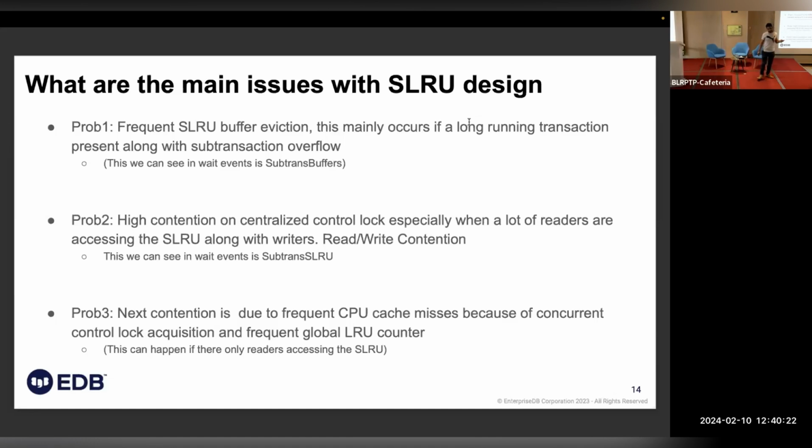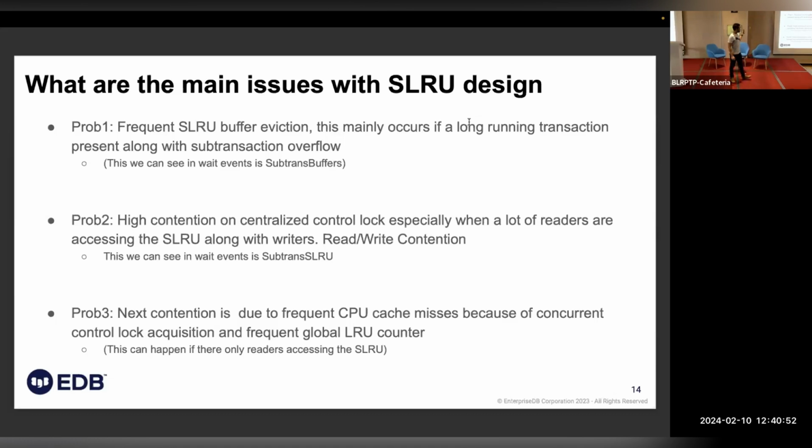The next problem, the last problem. Somebody asked me: you have created a subtransaction overflow once and kept that transaction open. It means we have written the data into the subtransaction cache, and then only readers are there reading the data. So what is the problem? Now all are taking a read lock, so there should not be any contention. But we analyzed further, and in this particular case it was not even showing in the wait events because there is no waiting on the lock.